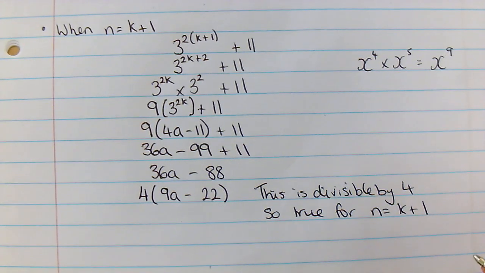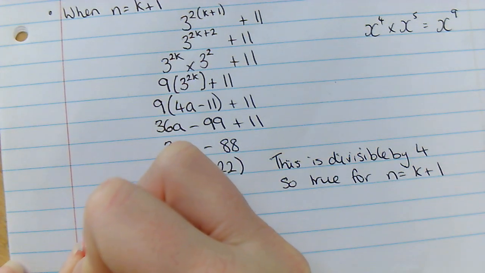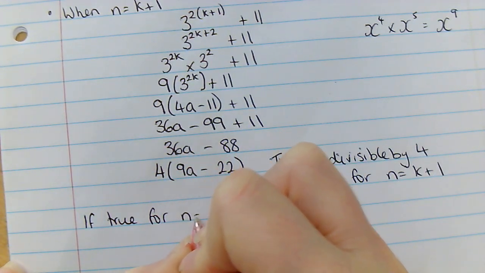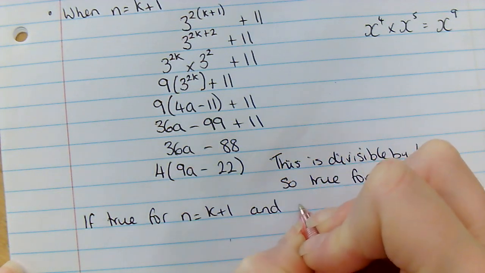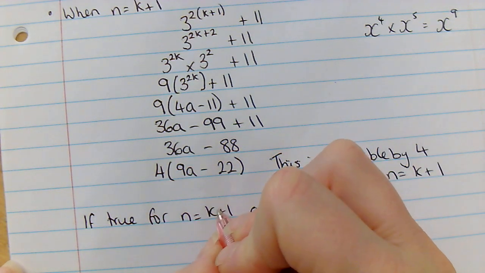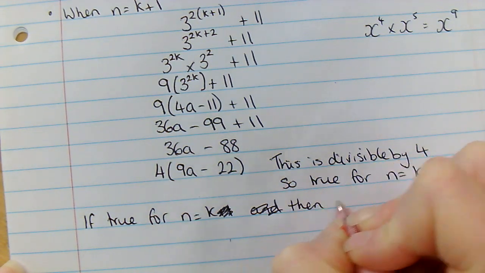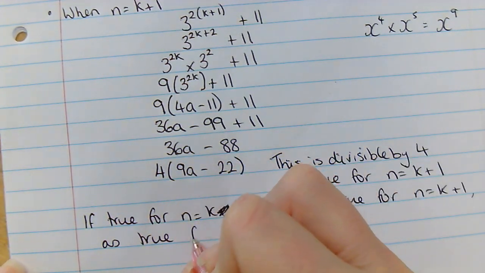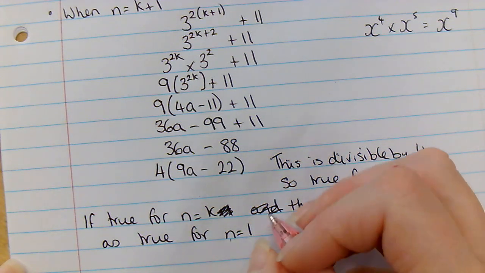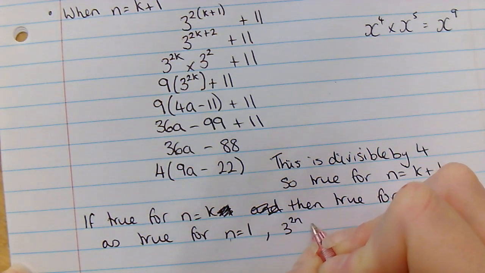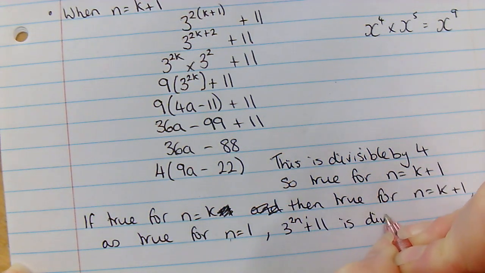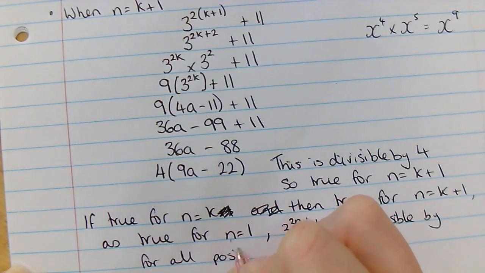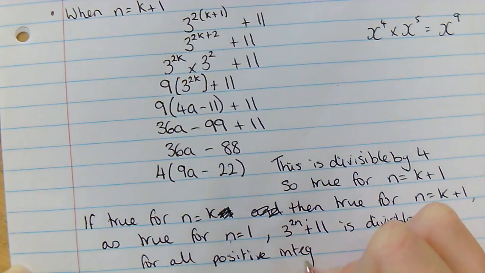Okay, so if true for n equals k, then true for n equals k plus 1, as true for n equals 1, 3 to the power of 2n plus 11 is divisible by 4 for all positive integers n.